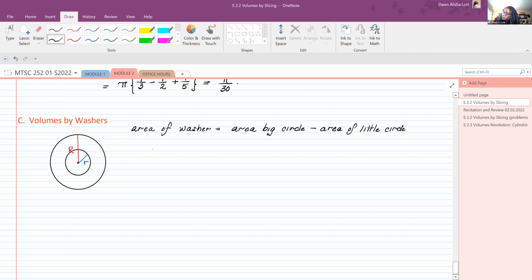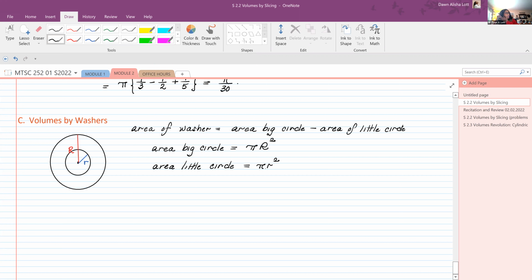Okay, so the area of the big circle, well, that's just pi times its radius squared. And the area of the little circle, that's just pi times its little radius squared.